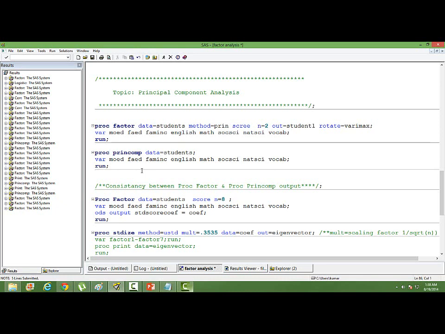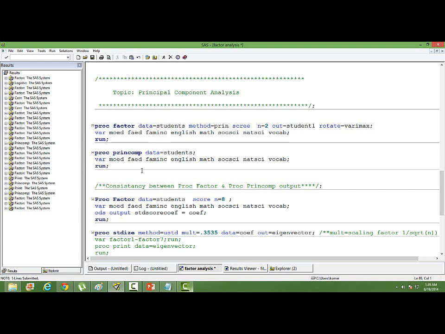Proc factor is more flexible. You have rotation possible here. You have scree plots. You have so many options available to you. Proc princomp by default assumes that your principal components are uncorrelated. You cannot have correlated principal components.